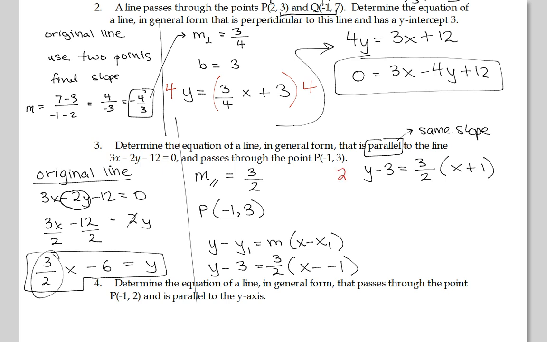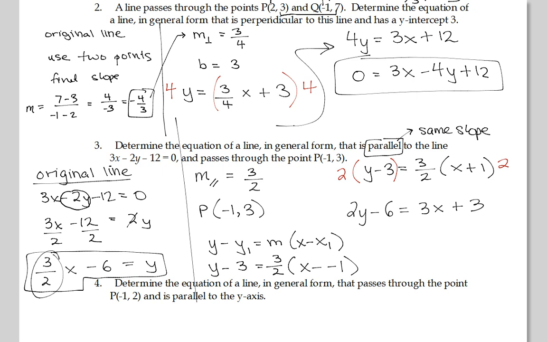So let's do that. On the left, you get 2y take away 6. And on the right, you get 3x plus 3. So let's go through this slowly. Why did I get 2y take away 6 on the left? What did I do?